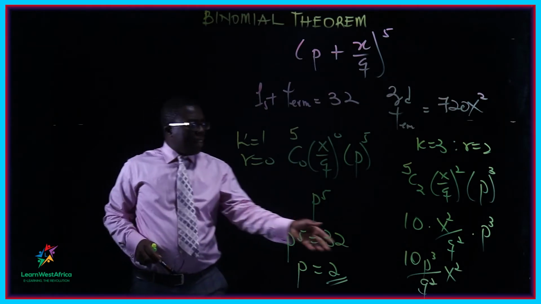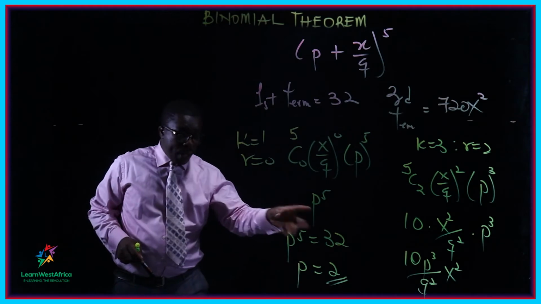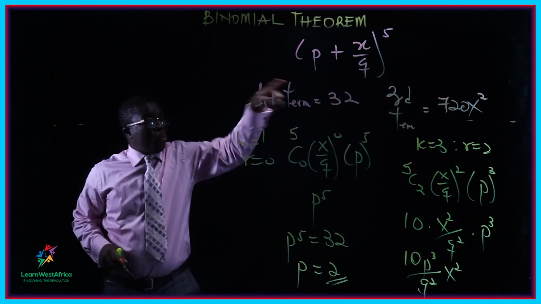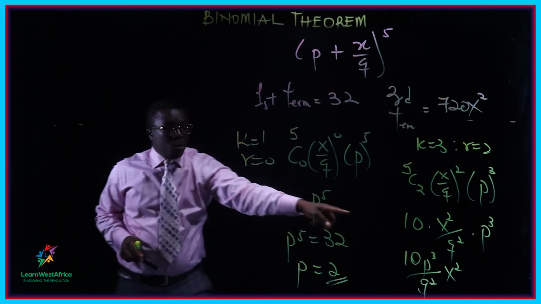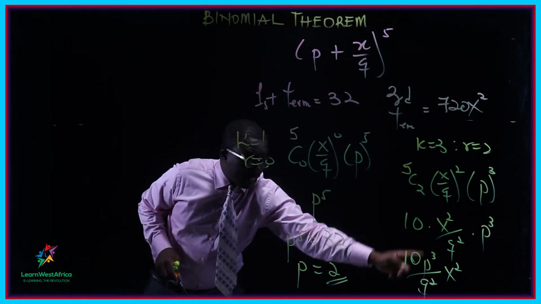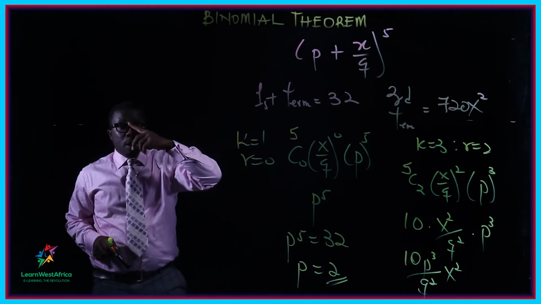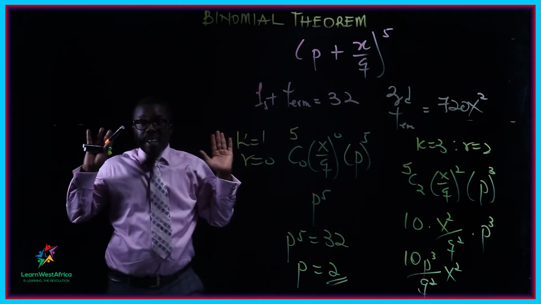Now, when you compare the 10p cubed over q squared, when you make that comparison, the third term was said to be 720x squared. And when we tried resolving it, we found 10p cubed over q squared, x squared. Just try and compare the terms. When you compare, you realize that the x squared goes with x squared. That is fine.